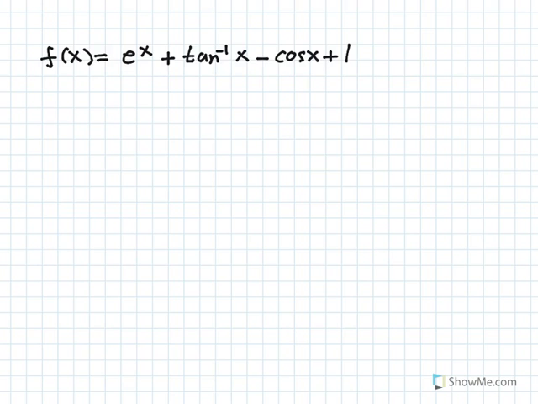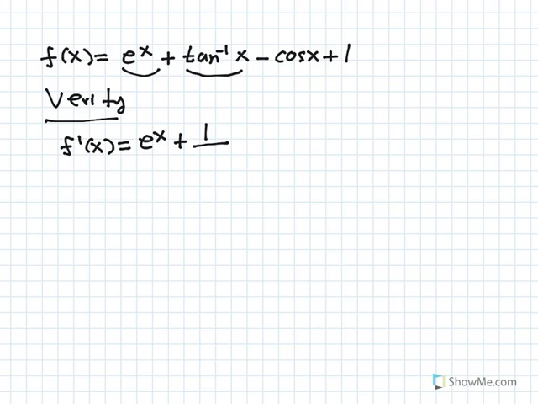Let's now verify our solution. Let's take the derivative. F prime of x is equal to derivative of e to the x, which is just itself, e to the x. Derivative of tan minus 1 x is 1 over 1 plus x squared. And derivative of cos x is negative sine x. And derivative of a constant 1 is 0.